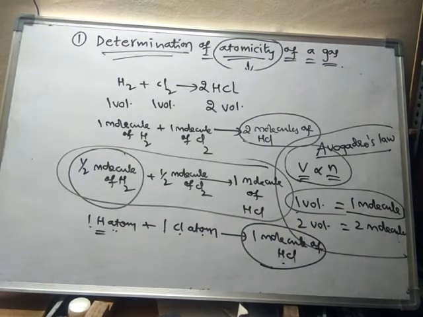From this it is understood that the atomicity of hydrogen is 2.